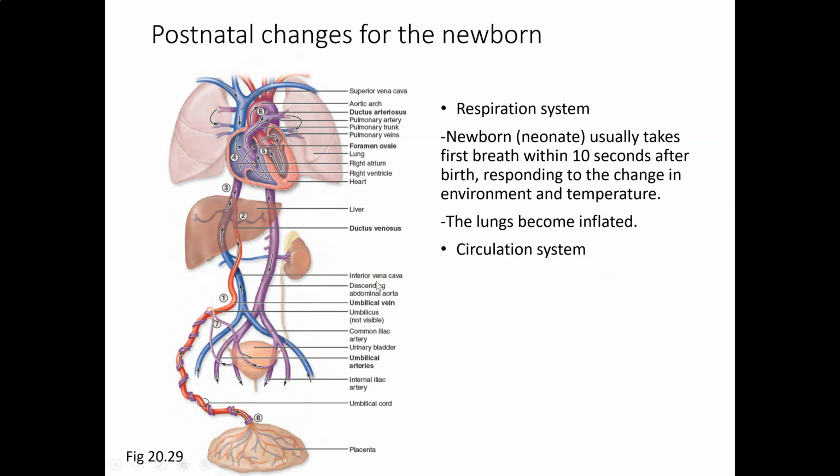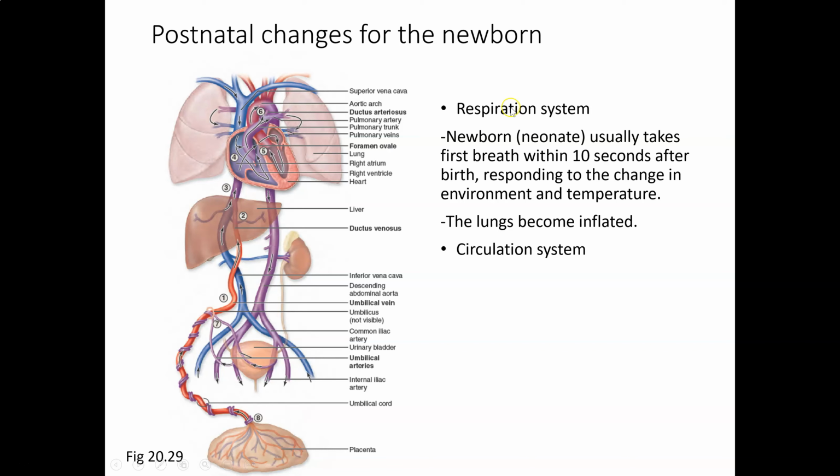Okay, so then let's first talk about the changes that happen for the newborn. When the baby is born, a couple of things have to happen. The two major changes, first, are in the respiratory system. When the baby is inside the mother's body, the baby does not have to breathe on their own.